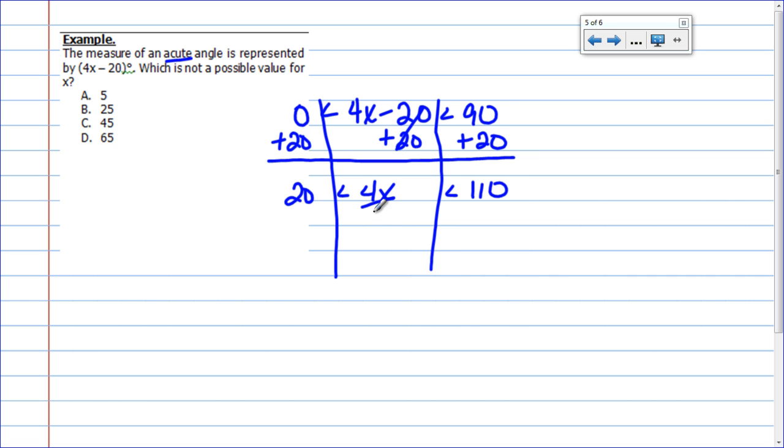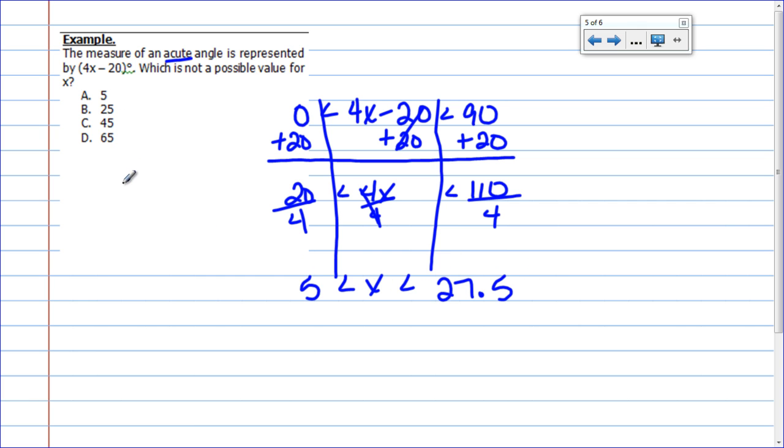Then I can divide by 4 in the middle, on the left, and on the right. 20 divided by 4 is 5, so I get 5 is less than x is less than, and 110 divided by 4 is 27.5. So this statement tells me that x is any number between 5 and 27.5.